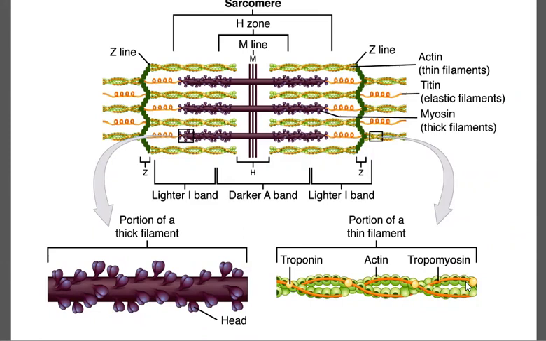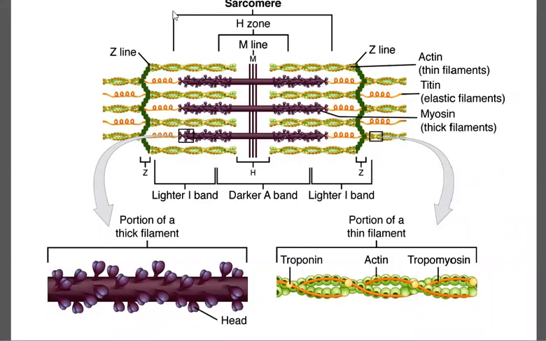Here the tropomyosin covers the active sites of actin and troponin binds with tropomyosin. These are the structural proteins on the Z line, on the M line, and here on the A band.